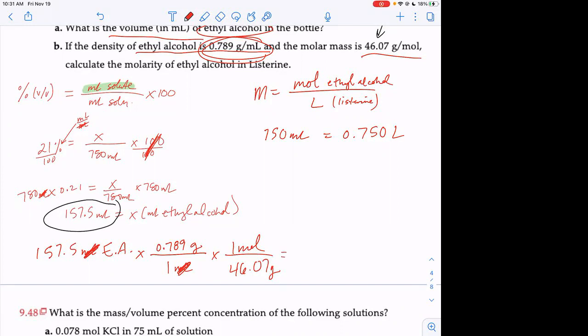We'll get the number of moles of ethyl alcohol. And now we'll plug that on top, divide that by the 0.75 liters of Listerine, and molarity will be 2.7 moles of ethyl alcohol divided by 0.75 liters of Listerine.